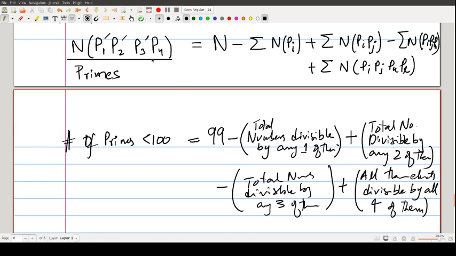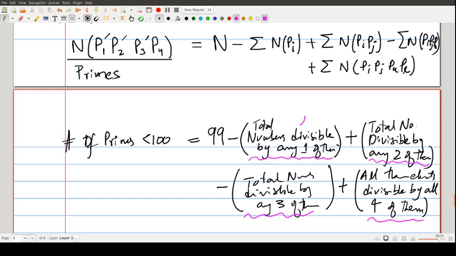Now these terms, I'm not going to explain how to do this. You can perhaps look at the book or try to guess yourself. How do you find all the elements that are divisible by any one prime number or any two prime numbers, any three prime numbers, or all four of these prime numbers, right?